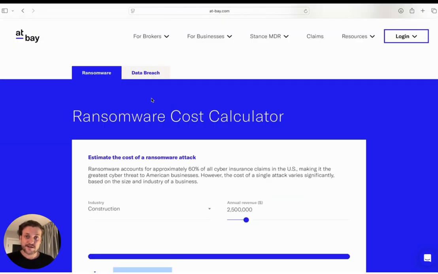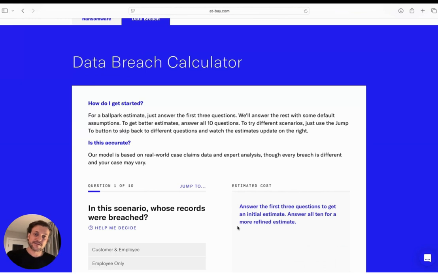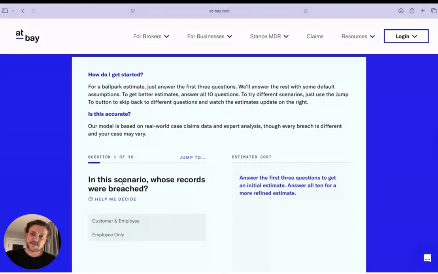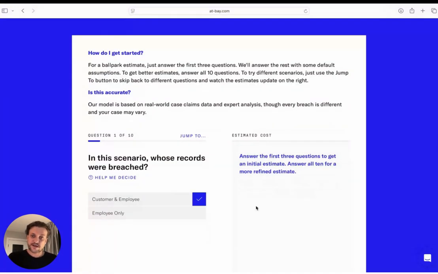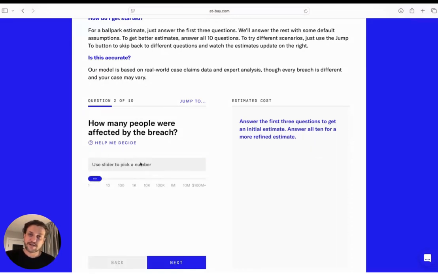All right, there is another tab for data breach. How much money do you have to pay for that if that happens? So we have to ask some questions. First, in this scenario, whose records were breached? Customer and employee. Let's go with that. Next, how many people were affected by the breach?